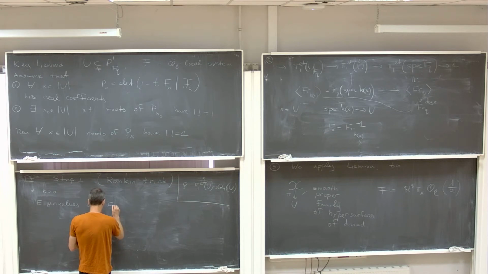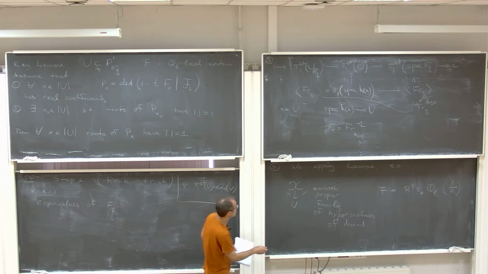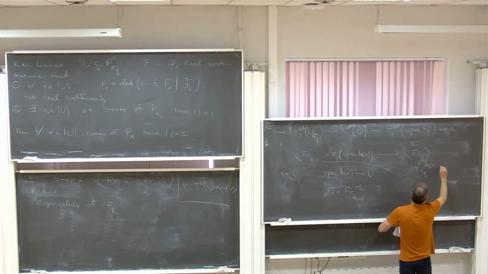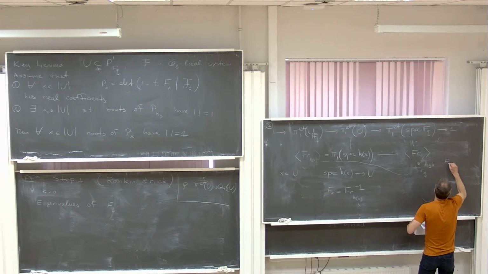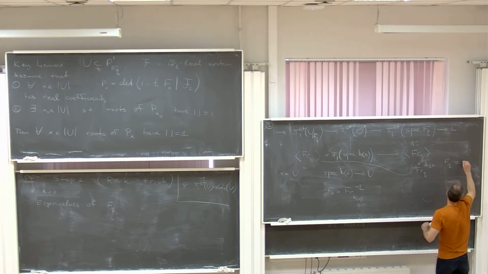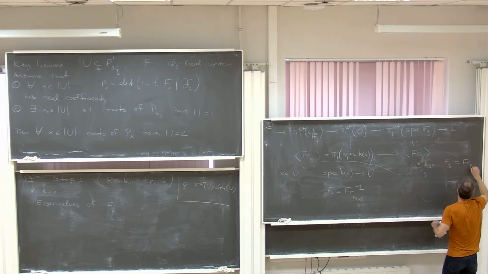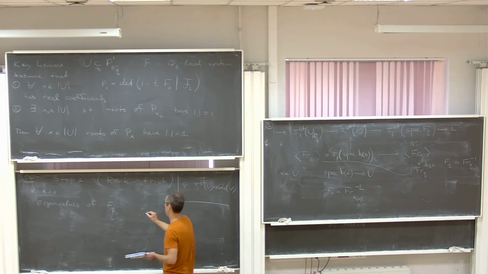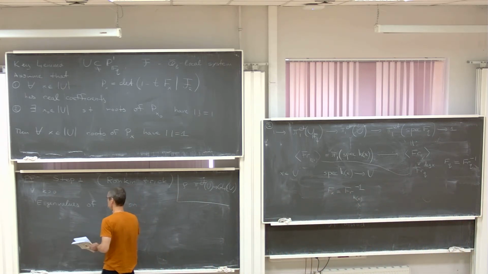acting on coinvariants of the geometric Frobenius. Another name: this is the arithmetic Frobenius, and the geometric Frobenius is always its inverse, acting on coinvariants.